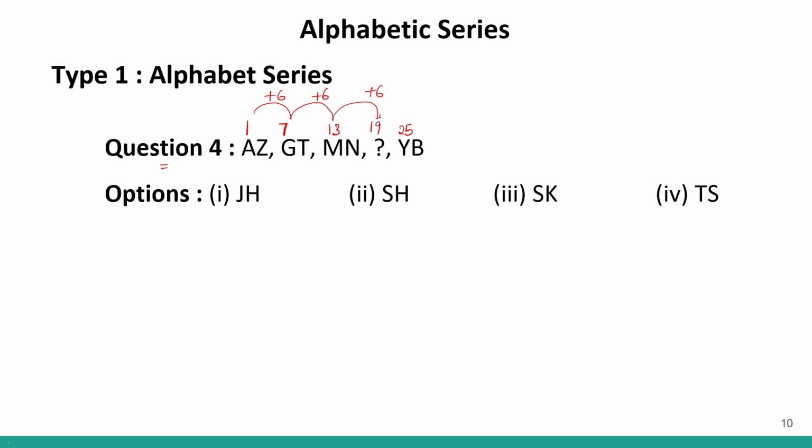I'll get 19. And if I do plus 6 in 19, I'll get 25. So 19 is fitting with 13 also, and it is following the same logic with 25 also. So my first element will be at the 19th position. And at 19th position, we have S. Correct? This eliminates option number 1 and option number 4.